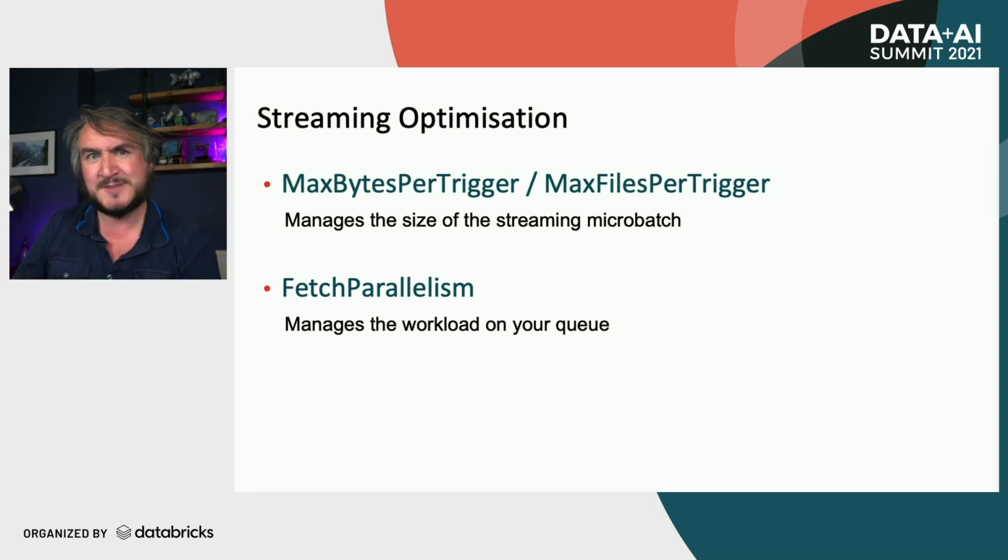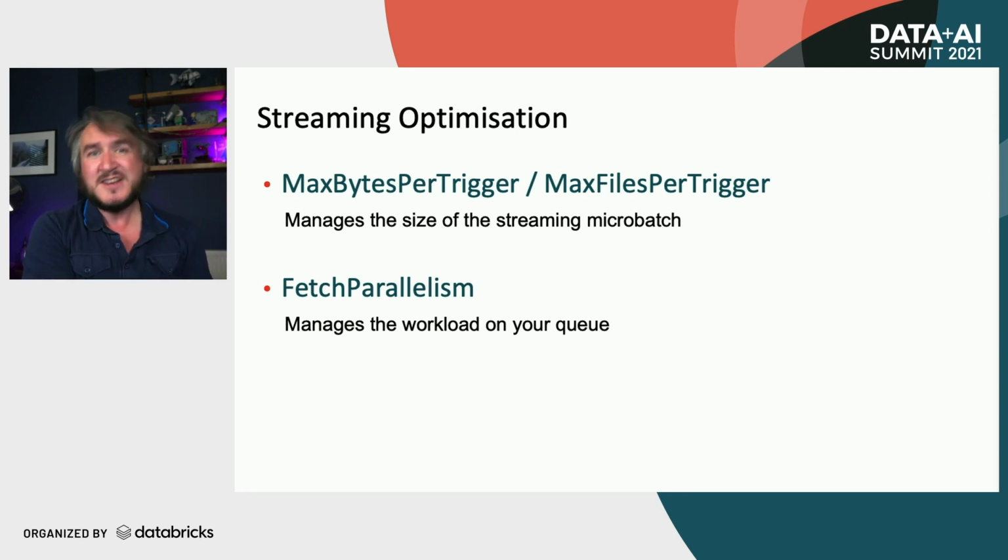Should it actually microbatch per file, so you can treat it independently in your foreachBatch, or should it go for chunks? It depends on how many files you have incoming, how big they are, how often they're coming in, but you can tweak that and manage that. You can combine it with trigger settings. Rather than saying trigger once, you can trigger every minute, every 10 minutes, every 2 seconds. You've got a lot of nuance to how you actually set that stuff.